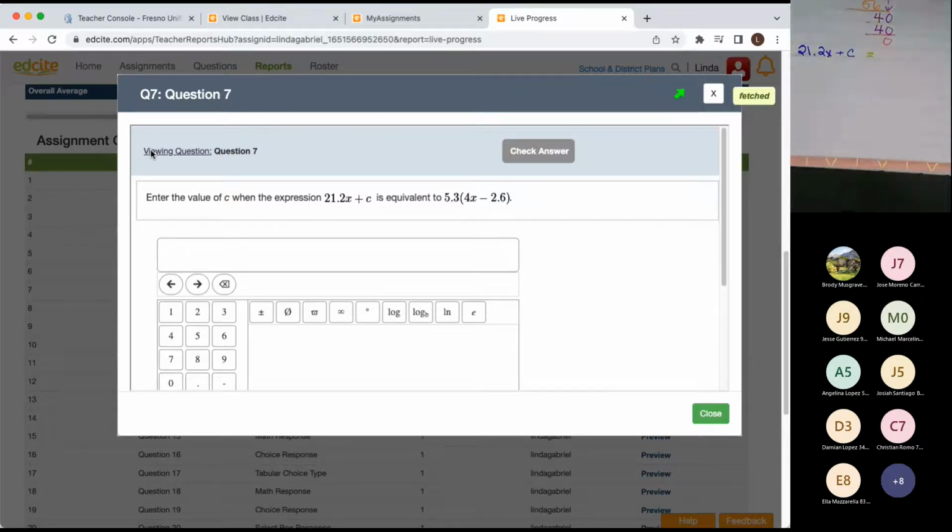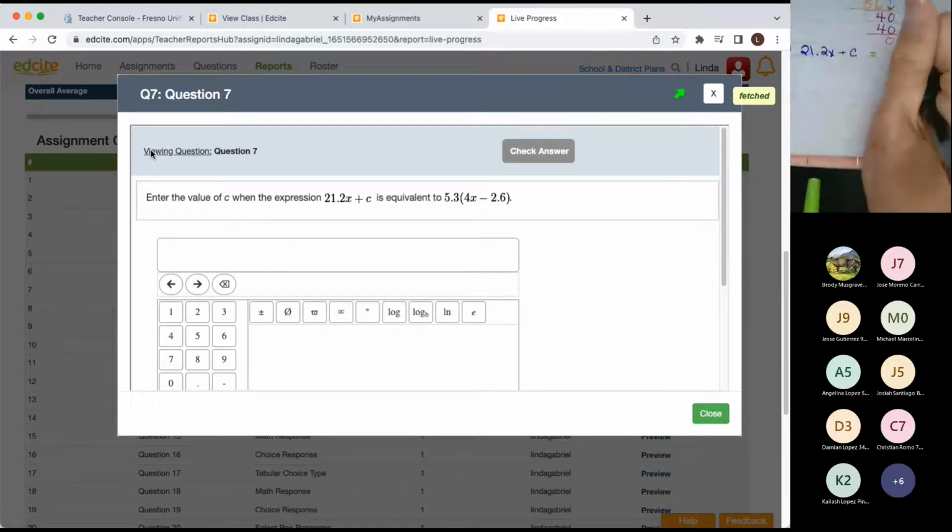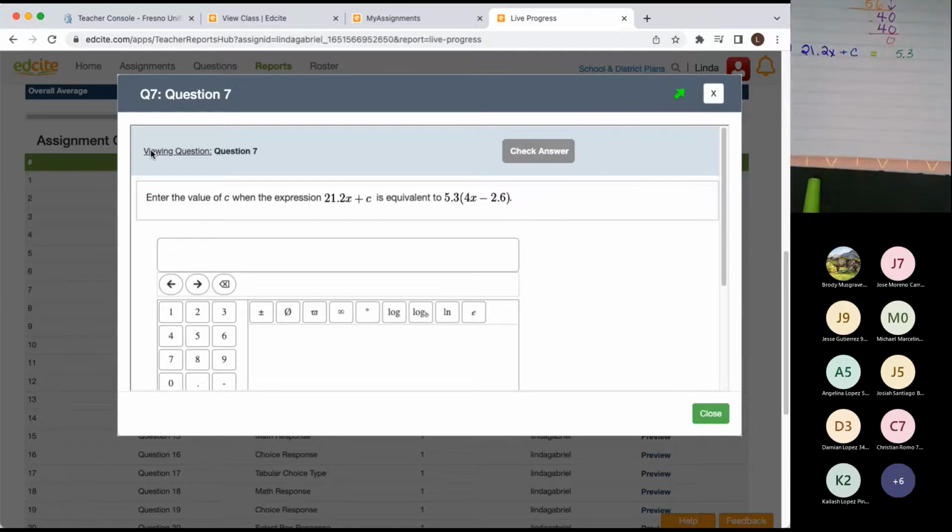It's equal to another expression. So 21.2x plus c is equal to 5.3 parentheses 4x minus.